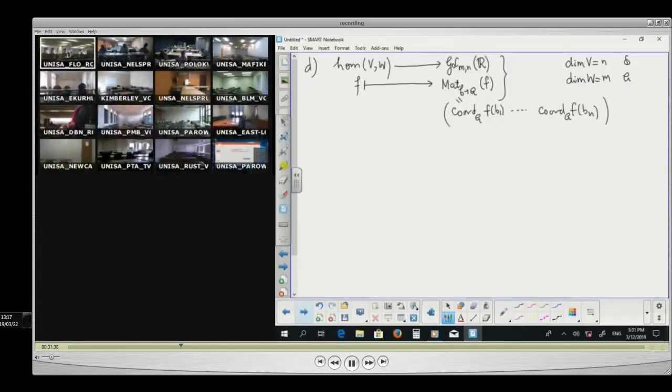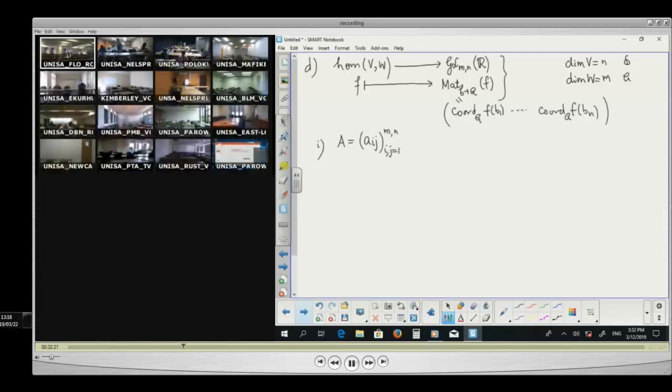So this fact, that diagram which I drew, tells me, so if I start off with a matrix A. Now I'm going to give you a linear transformation whose matrix will be this. How do I do it?